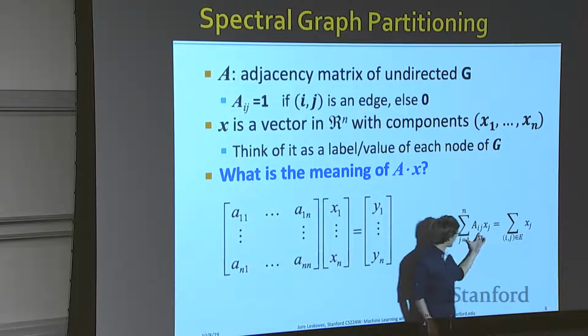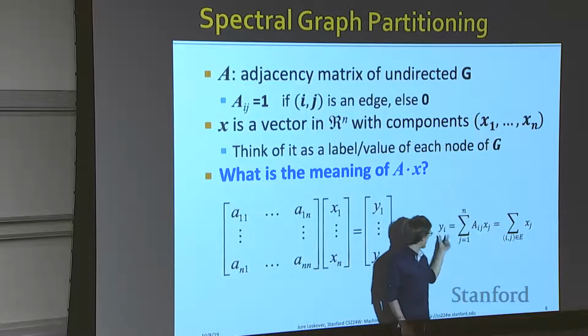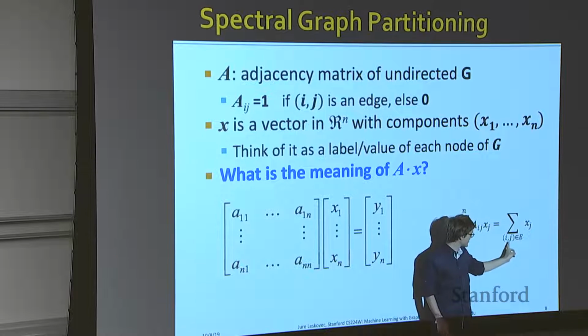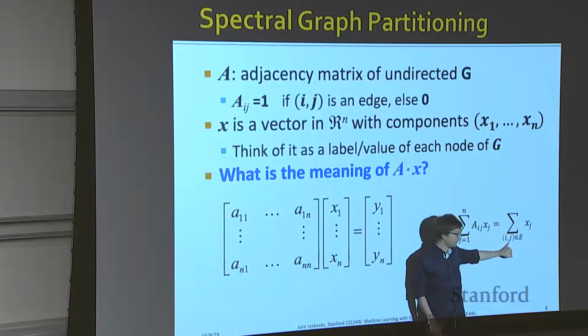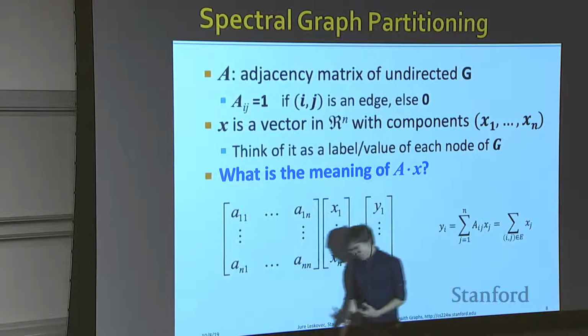And if you look at what this really is, it will be 0 wherever nodes i and j are not connected. So yi is simply a sum over the neighbors j of node i and their values. Okay? So what does this mean?